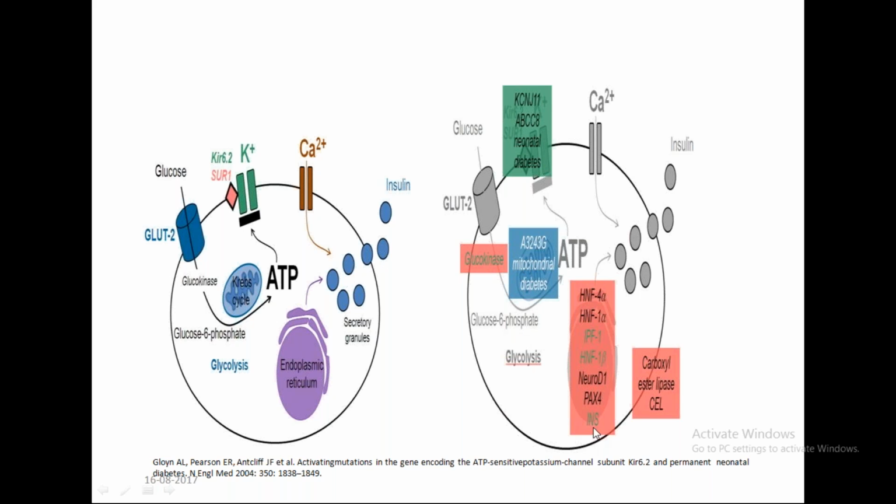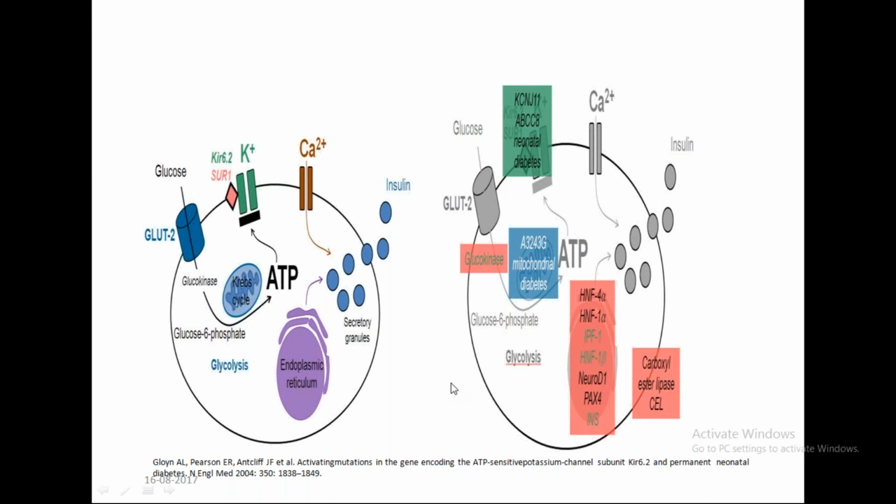mitochondrial diabetes. And further, for the calcium release and the vesicles of insulin to fuse with the cell membrane, and for the liberation of the insulin, these following genes are involved. They are HNF4 alpha, HNF1 alpha, IPF1, HNF1 beta, NeuroD1, PAX4, and INS. These all are involved in this mechanism.